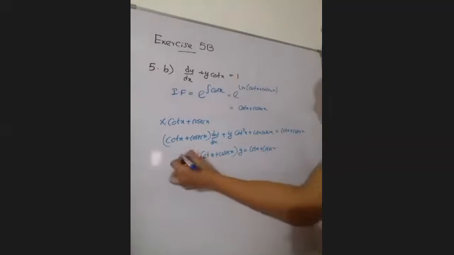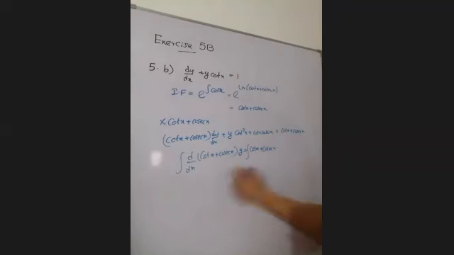Then you can do the integration from both sides. Then what you get here is, cot x plus cosec x times y is equal to ln, integration of cot x is ln, cot x plus cosec x plus ln cos x.